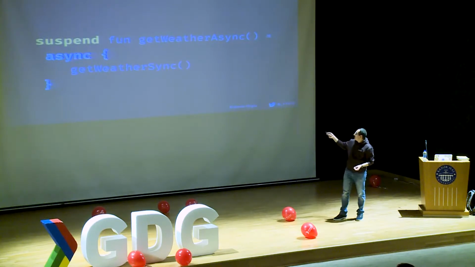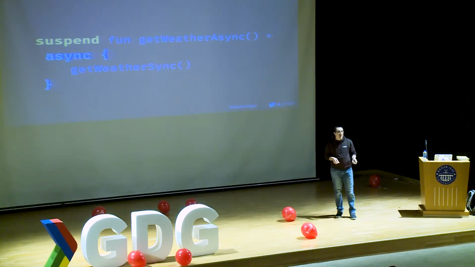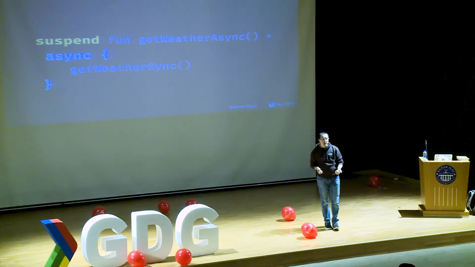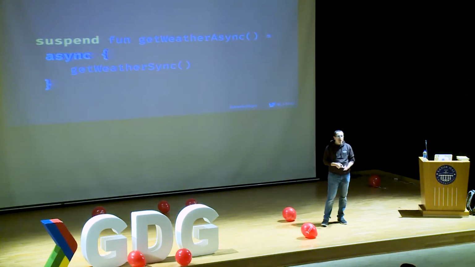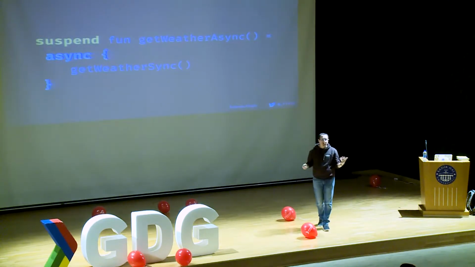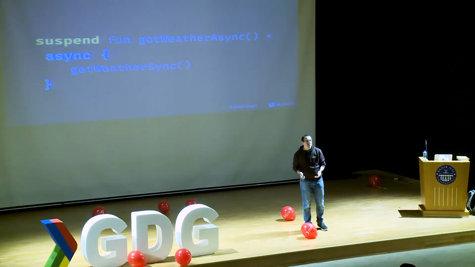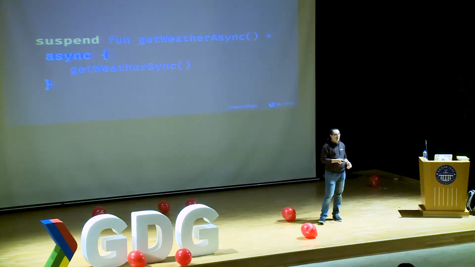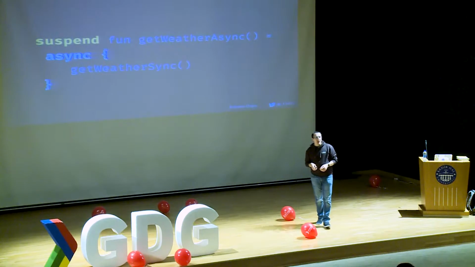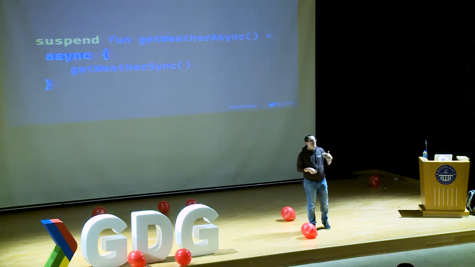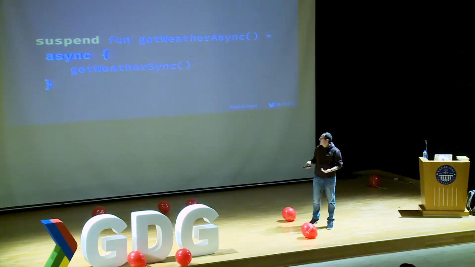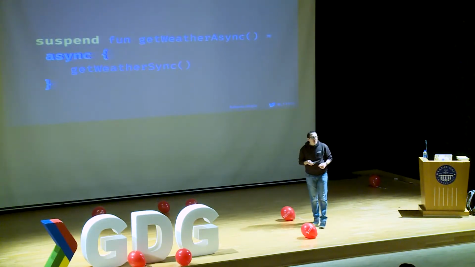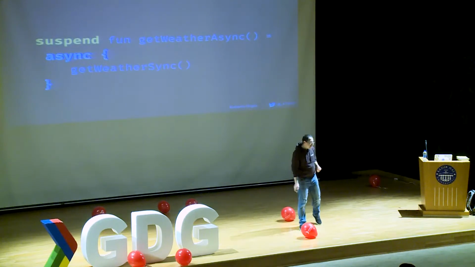And of course, this getWeatherSync is just a synchronous retrofit call. So we are not using any observable, any callback, just a simple call and the type of response we want. If we execute this getWeatherSync in our Android application without changing its thread execution, we're going to have a very good network on main thread exception.